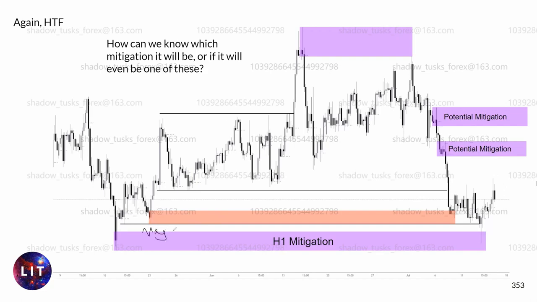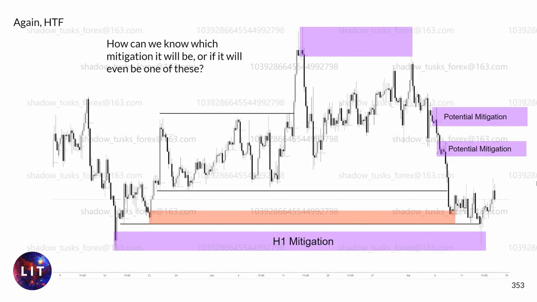Major inducement plus cycle. Yeah, because we've had build up, inducement, mitigation. So now we're trading away from this. And now we're trading away from this, but how do we know how long we're going to be trading away from this? Well, to be honest with you, you don't.